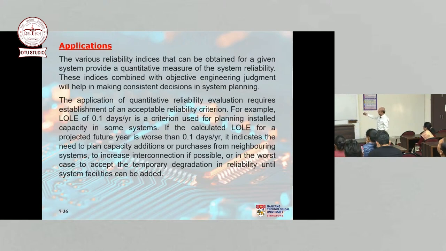So the acceptable LOLE of 0.1 days per year has been used in many systems. If your calculated risk is worse than 0.1 days per year, it indicates the need to plan capacity additions. Or if you don't have the resources, you don't have the money to put more capacity additions, you might want to rely on purchases from neighboring systems.